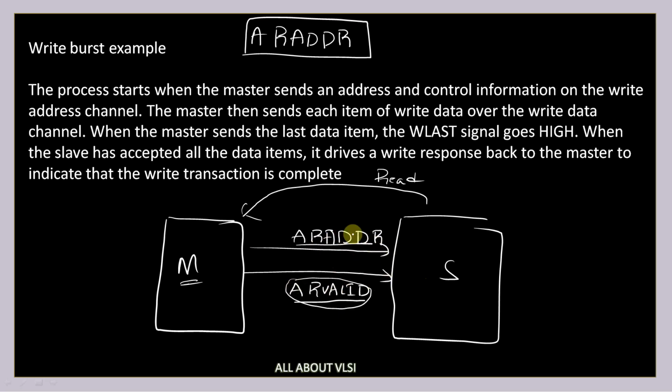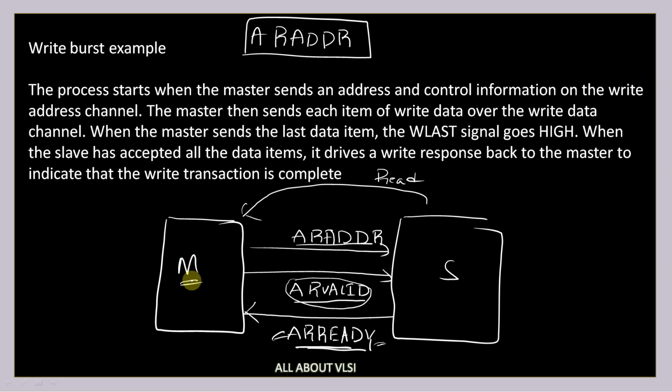Now after receiving these two pieces of information, the slave is going to provide one more signal, that is AR ready. That means the slave is ready for the transaction, and after the master samples this AR ready signal, it will come to know that the slave has successfully sampled all the address and control information, and it is either going to end the transaction there or change the address information only after receiving this AR ready signal.